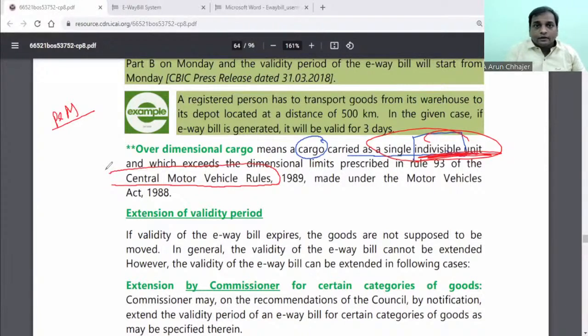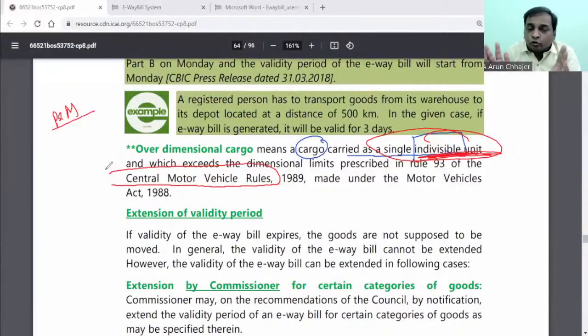Repeating again, the criteria is that the goods you are carrying should be a single, indivisible unit. But if, on that particular conveyance, the total dimensional limit defined in the Motor Vehicle Act is exceeded because you are carrying that unit, then it is permissible.